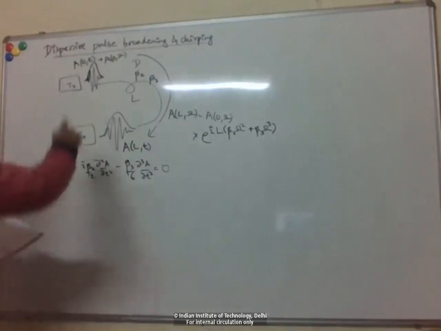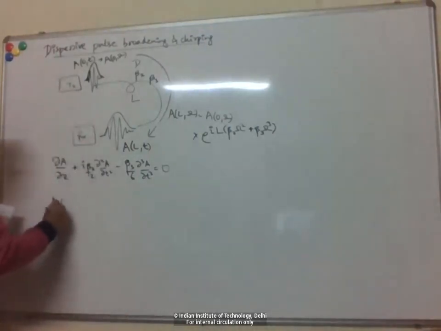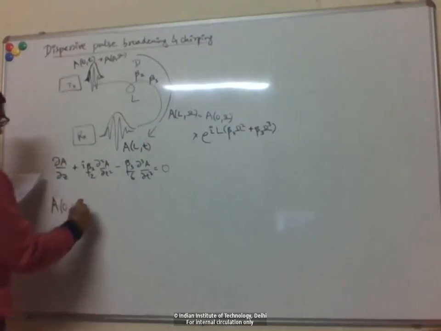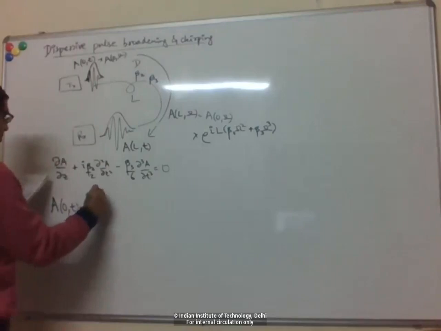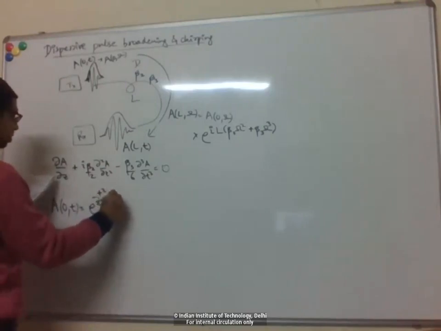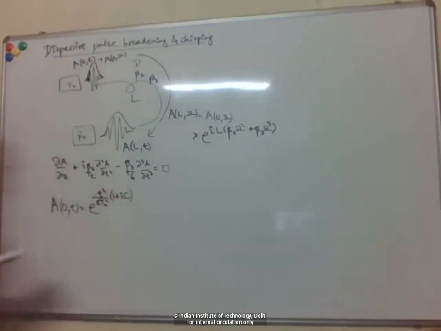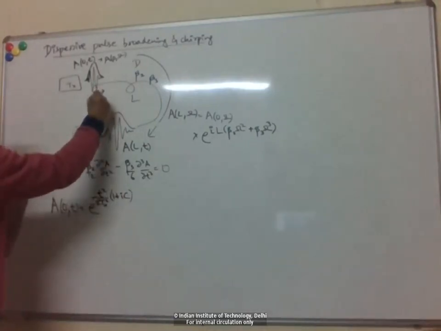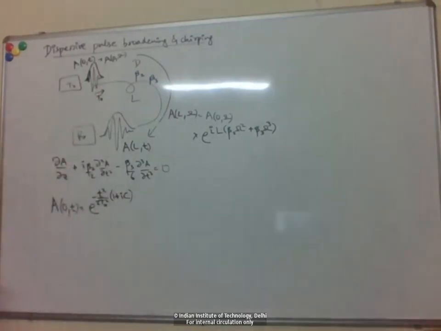Right? So let's say here if we start with a general chirped Gaussian pulse at the transmitter end, so again that would be something like this. Right? So T0 is roughly like the half width of the pulse, right?